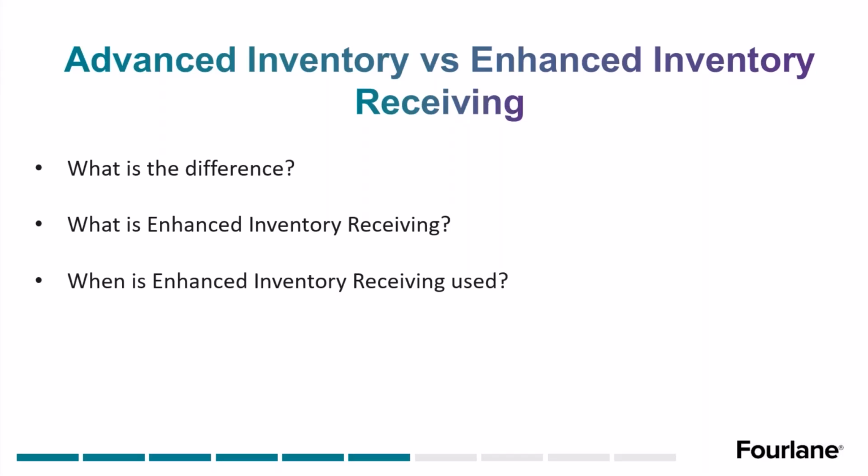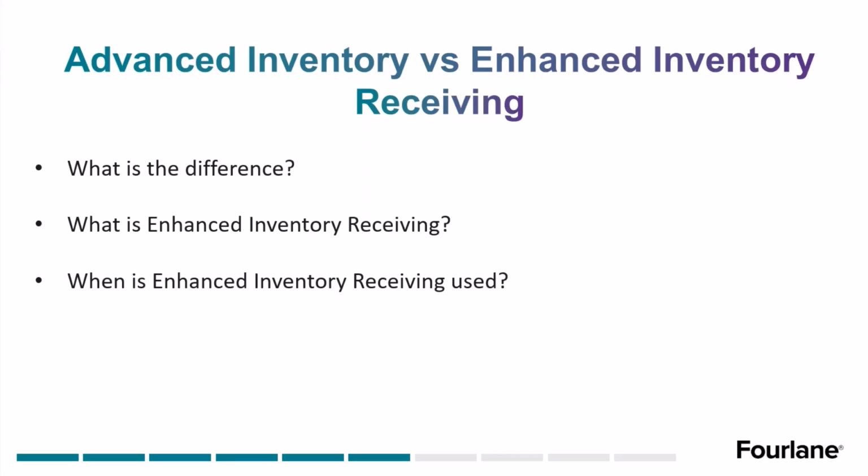What enhanced inventory receiving actually does is it allows you to keep those processes completely separate. So what would end up happening is after we've created our purchase order, we would enter our item receipt the same way to bring in our inventory quantity.